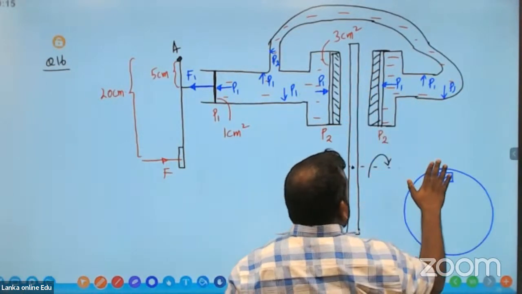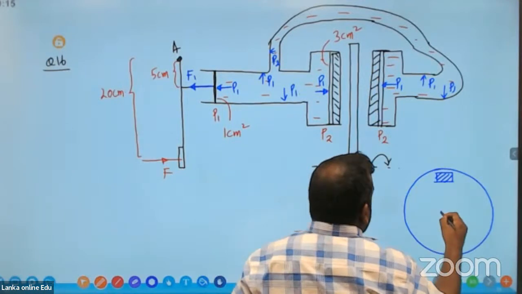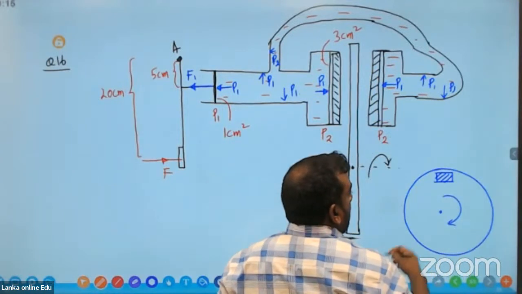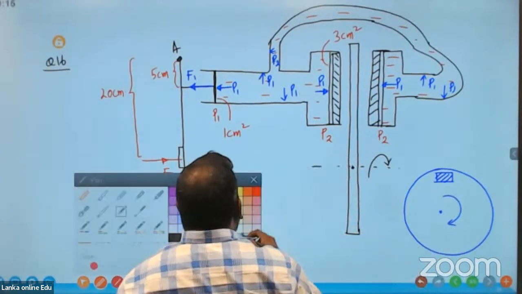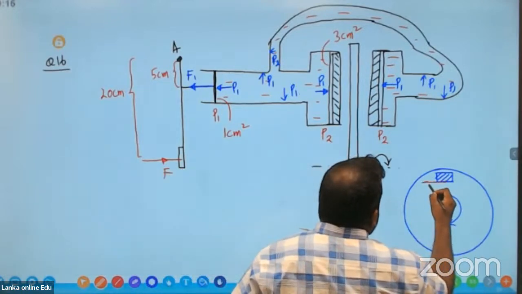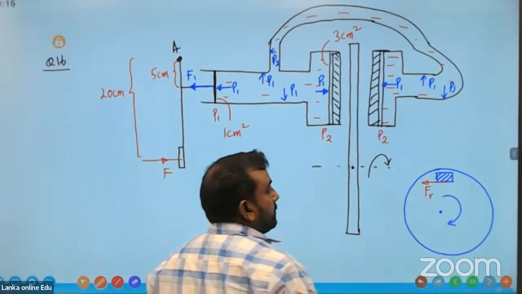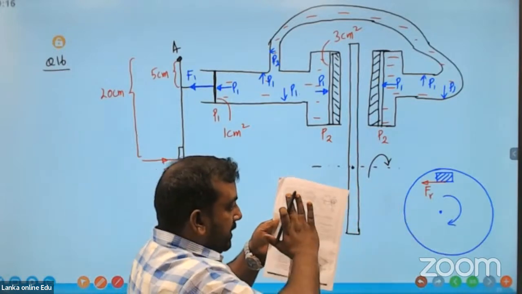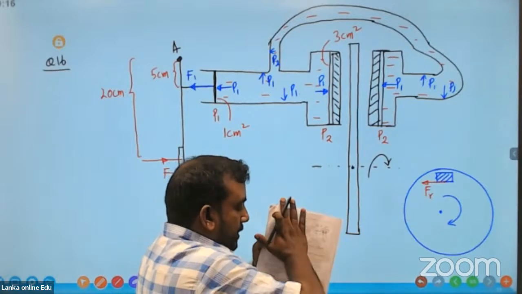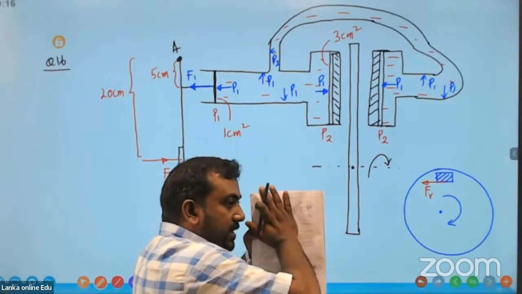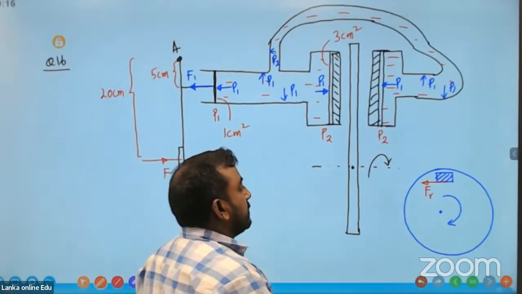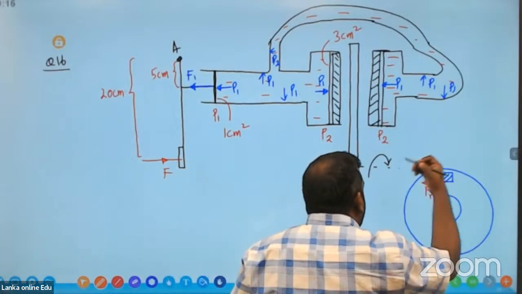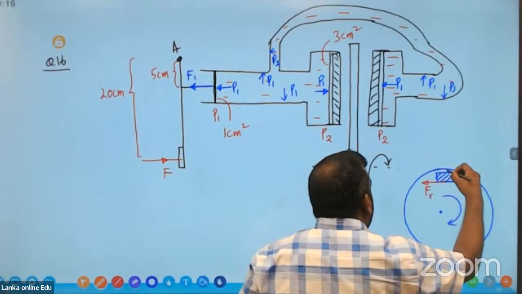If the wheel was rotating in that direction, there will be a friction force opposite. The force given by the piston is the normal reaction, only pushing on the wheel inwards this way. That's the normal reaction.